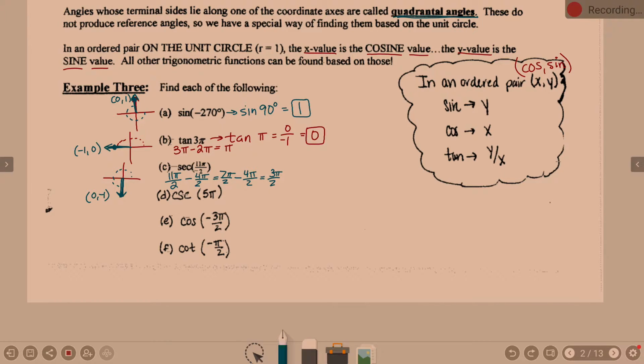So, what are we trying to find? We're trying to find the secant of 3 pi over 2. What do we know about secant? It's the reciprocal of cosine.